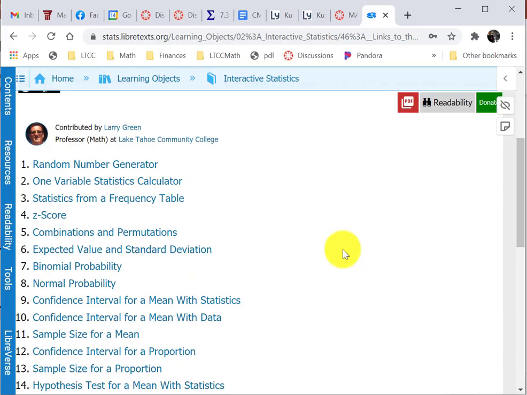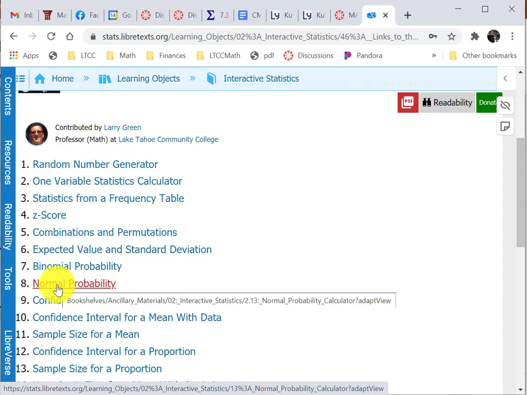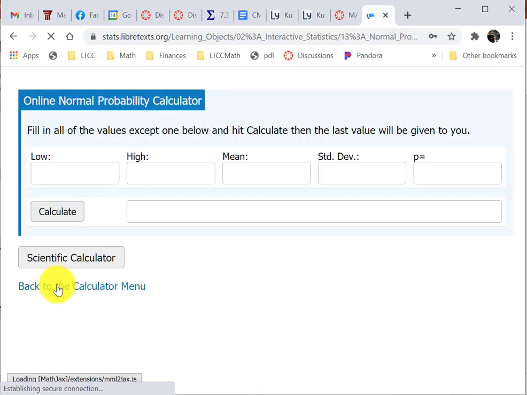So here's my list of calculators. And what I want is the area under that normal curve. So number 8 here is the normal probability. I click on normal probability, and it asks for low, high, mean, standard deviation, and p equals, and we leave one blank, calculate, and we'll find the last one.